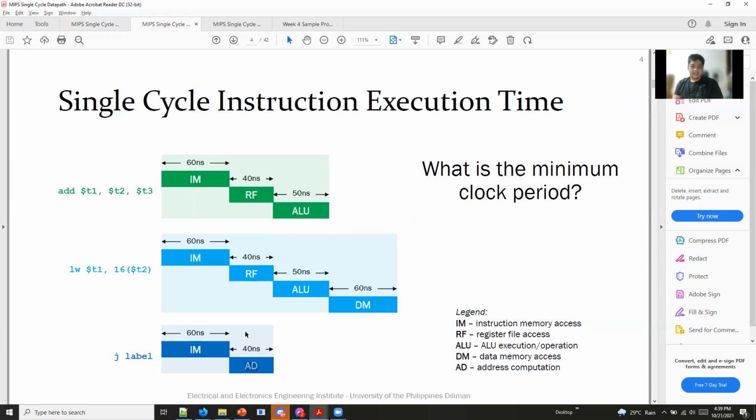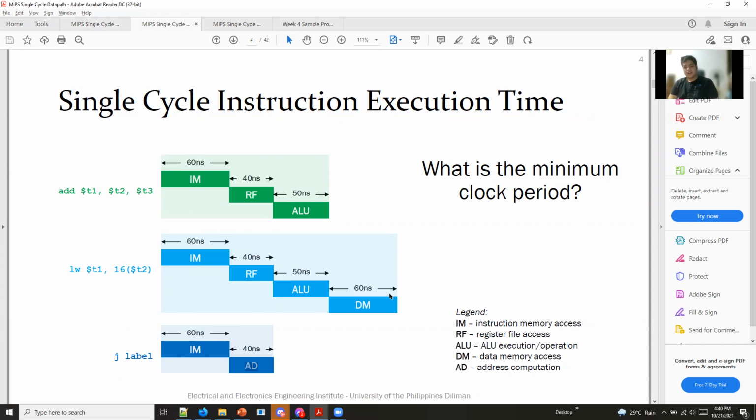So, kahit si jump, 100 nanoseconds na yung kailangan niya, yung clock period natin, kailangan mag-adjust dun sa pinakamahaba, which is 60 plus 40 plus 50, 60. So, gano'n. So siguro if meron kang program na puro J yung operations, pero meron kang isang load word na operation, kailangan lahat ng instructions mo 160 nanoseconds per clock cycle.